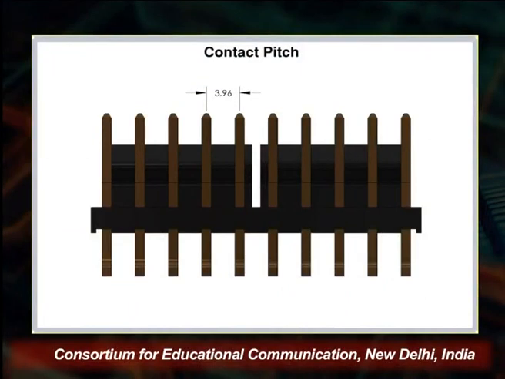A large pitch means fewer terminals per connector area, which reduces the tendency of electrical arcing. And electrical arcing basically happens when the current jumps from one pin to another, especially if the pins are too close to each other. Now you see on the screen that there is a contact pitch which is used for the connection.